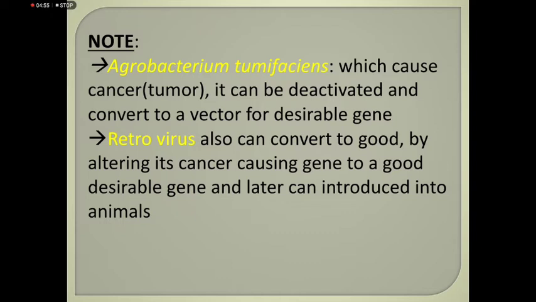That means we remove the cancer producing genes from Agrobacterium tumefaciens and incorporate that area with a desirable gene, so that when this transgenic Agrobacterium tumefaciens infects that plant, it does not cause cancer, and the incorporated gene, that means the desirable character gene, is expressed in that plant.